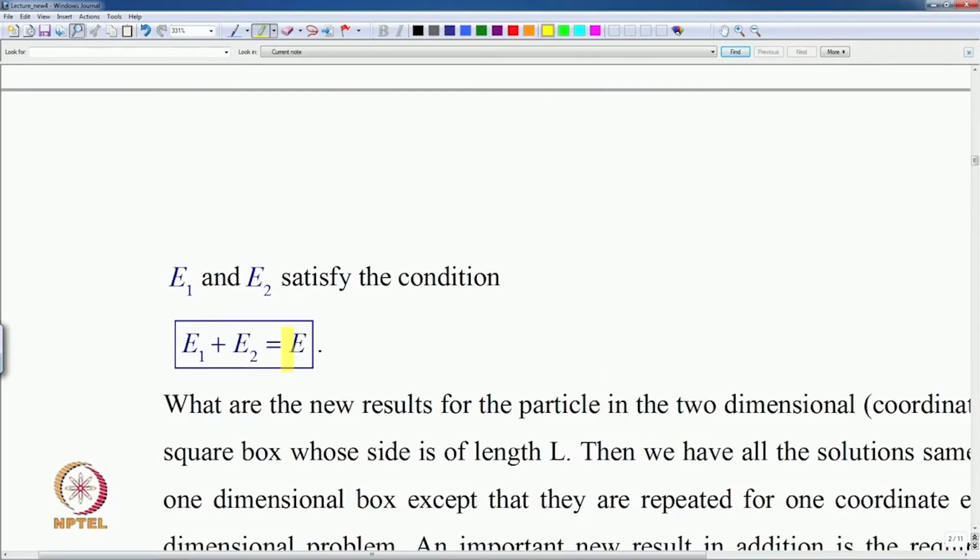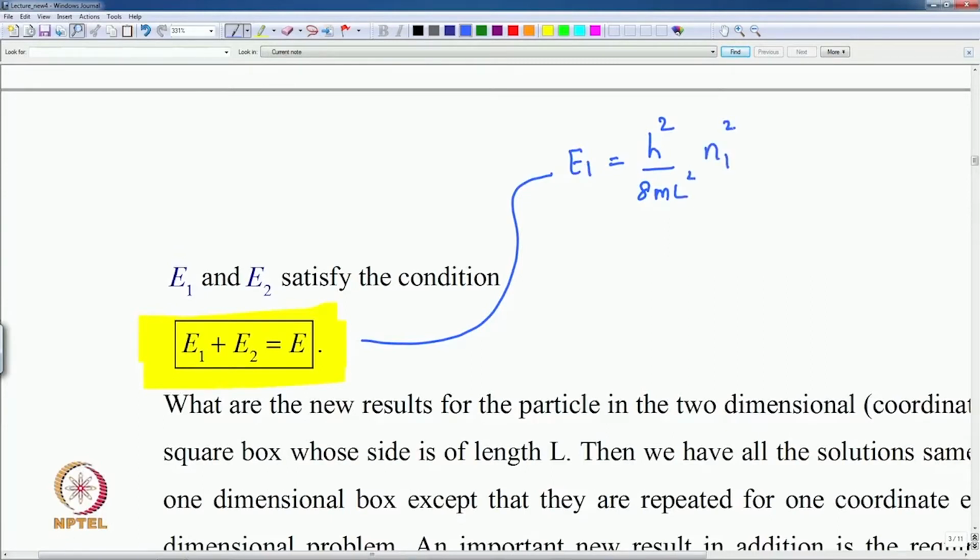The requirement is that E1 plus E2 is equal to E. Now remember, the expression for E1 from the particle in a one-dimensional box is h square by 8m L square times n1 square, a free quantum number in the sense it takes 1, 2, 3 integer values, and E2 is also given by h square by 8m L square times n2 square, such that this equation is satisfied.